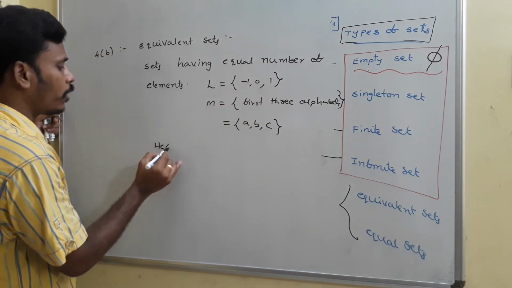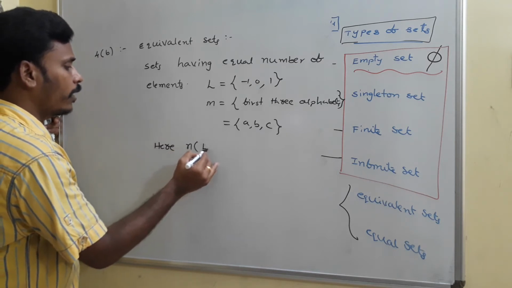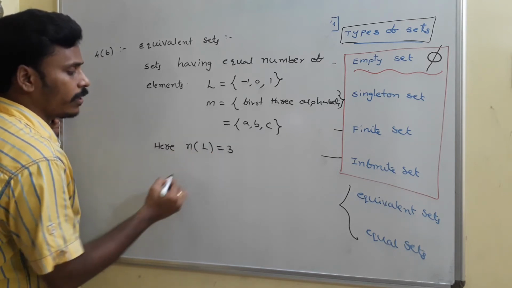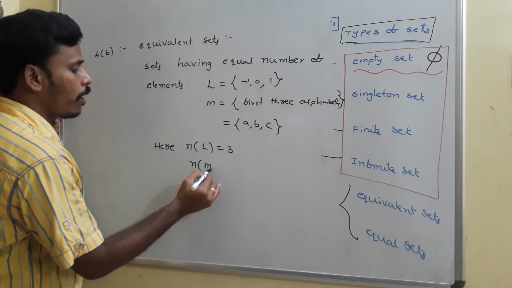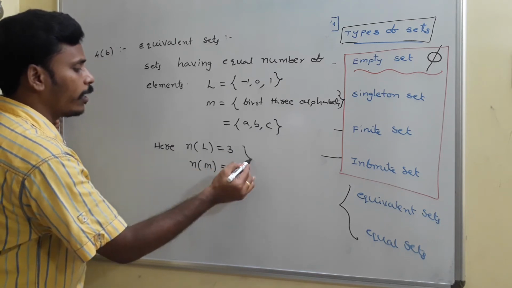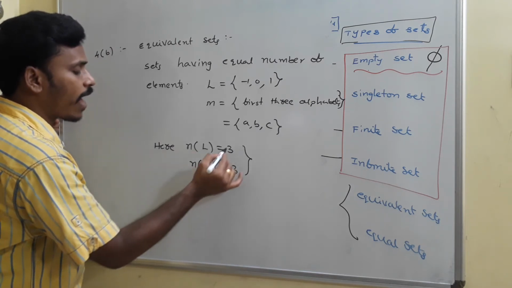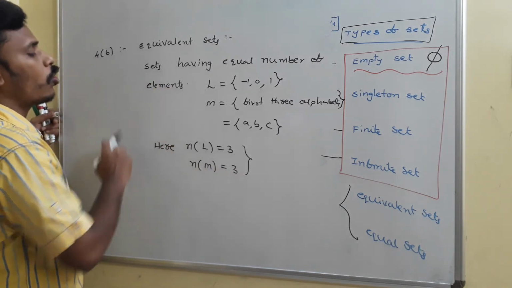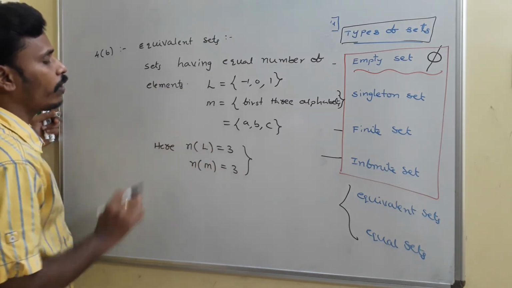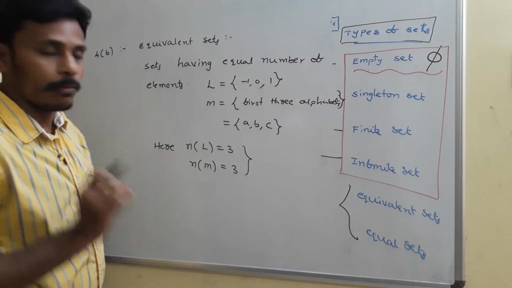Here, if you observe, n of L is equal to 3. They have only 3 elements. n of M is also 3. Since these two sets have the same number of elements, we call L and M equivalent sets. Therefore L, M are equivalent. And since L, M are equivalent, we represent it by a two-sided arrow. L and the two-sided arrow M represent that L and M are equivalent. So equivalent sets means sets having an equal number of elements.